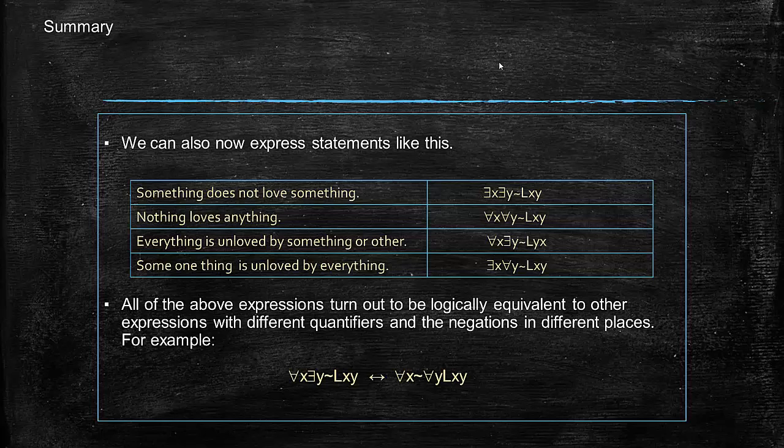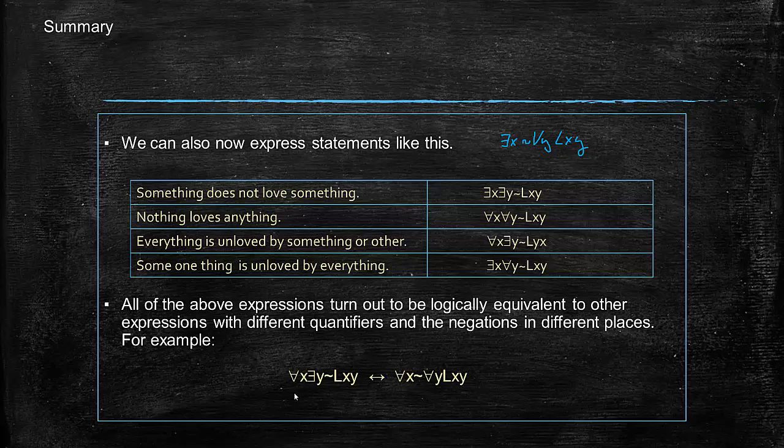So, for example, a formula like this: there exists an x such that it's not the case that for all y, x loves y, is also a well-formed formula.